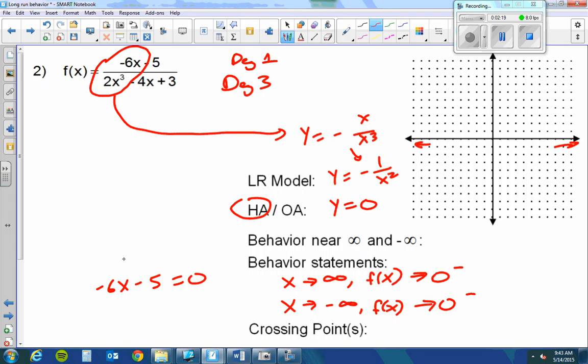You find x-intercepts by setting the thing equal to 0, which you can solve here. You move the 5 over, it becomes positive. Divide, and you get negative 5 over 6. So it crosses at negative 5 over 6, comma, what? Zero, because we're talking about where it crosses that line, the asymptote, the x-axis.